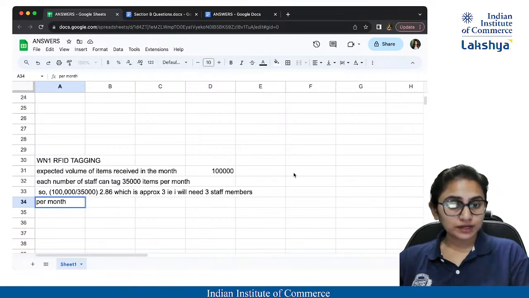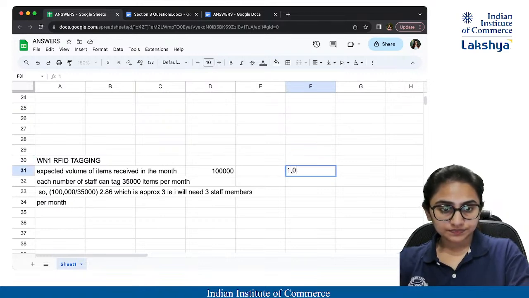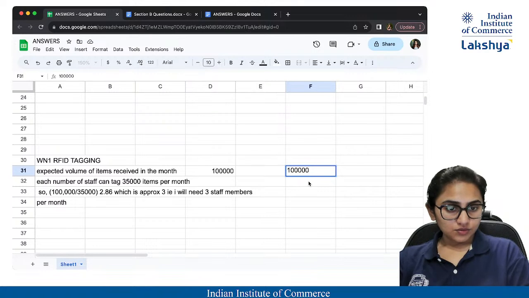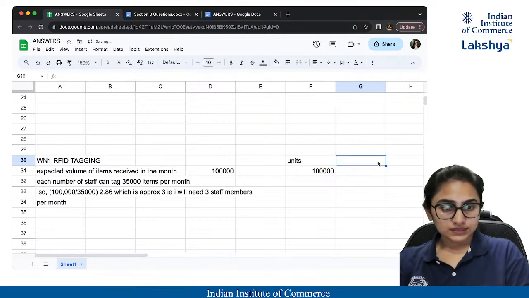You can also do it by cross multiplication. I am doing 1 lakh units. So for 1 lakh, how much staff will I take?